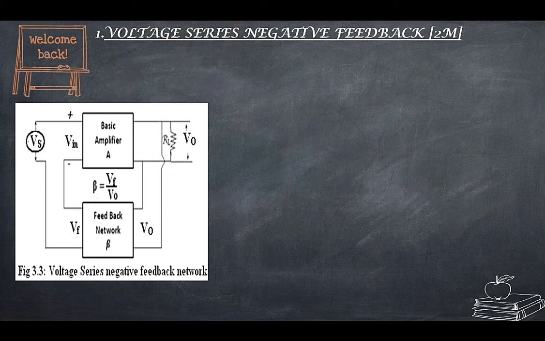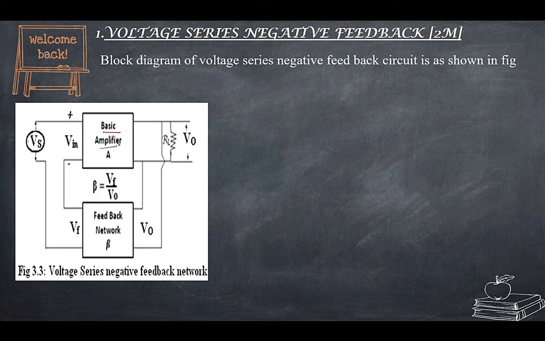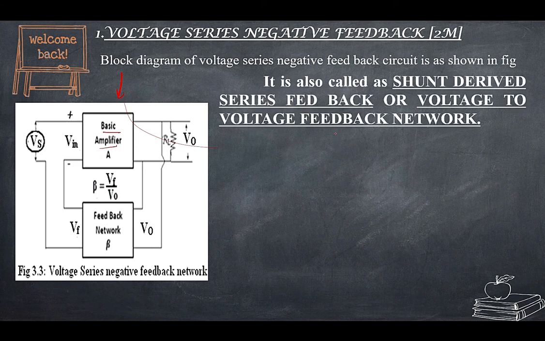Now let us see a few things in this. Block diagram is this. What all can I notice here? First part, it is also known as shunt derived series feedback. Why did this name come? I have not mentioned anything regarding voltage or current, but only with respect to the connection.